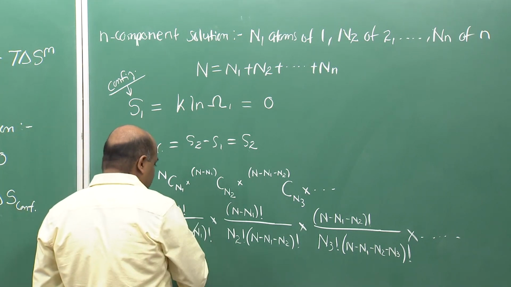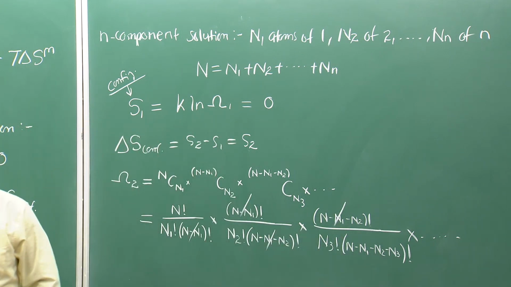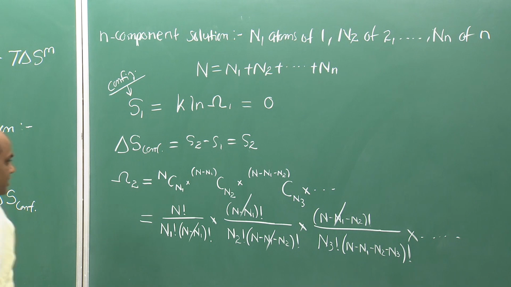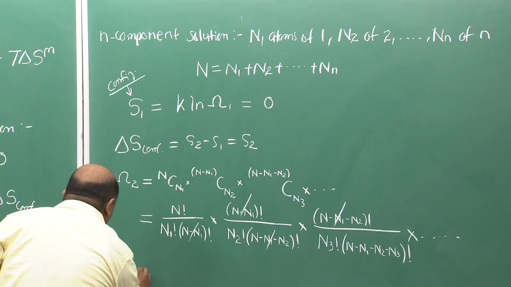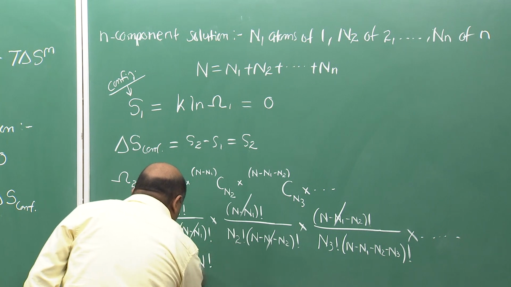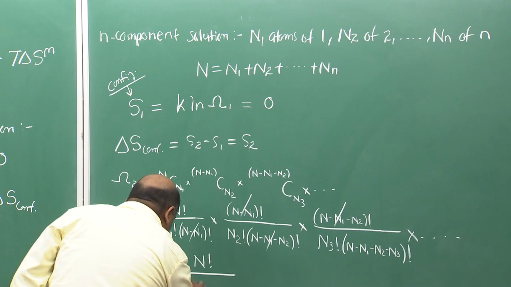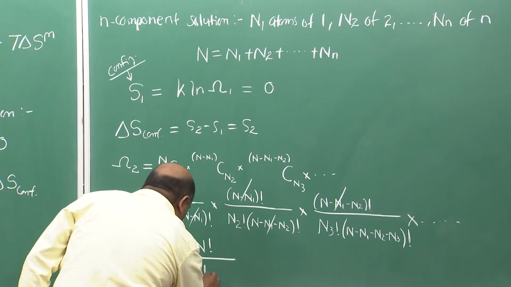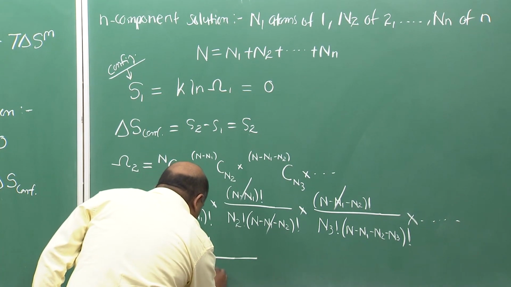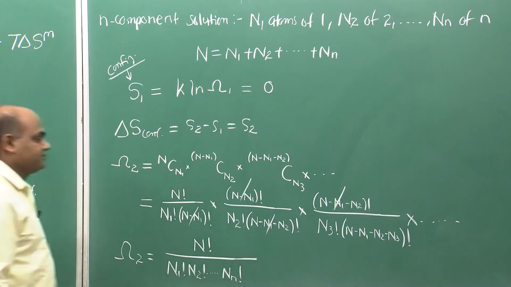So, we can simplify this. Cross terms will just keep getting cancelled, and so finally, we have the expression for omega 2 as n factorial divided by n1 factorial, n2 factorial, and so on till nn factorial.